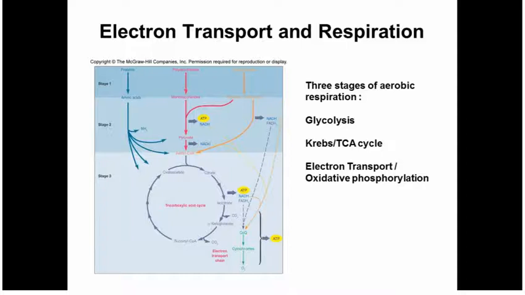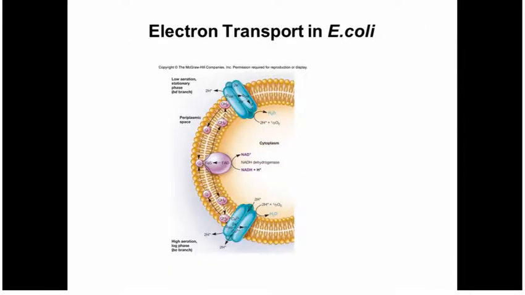During this process, this can generate a proton gradient, which can be used to produce ATP. So this is the last step, electron transport and oxidative phosphorylation. But once again, you're going to see this in detail in biochemistry, so I don't want to really go through all the steps here.